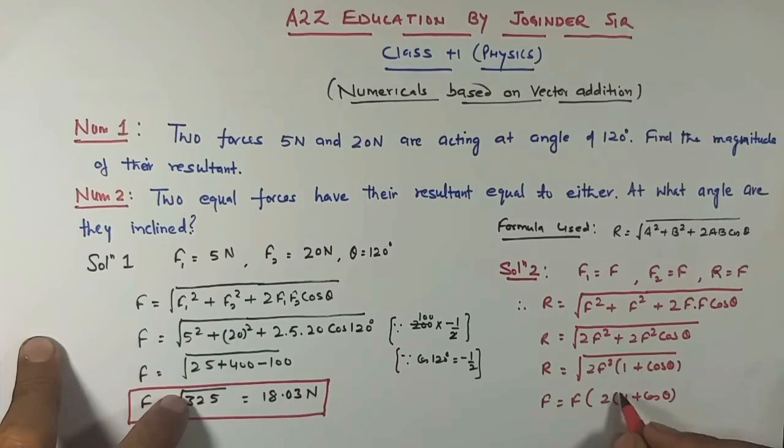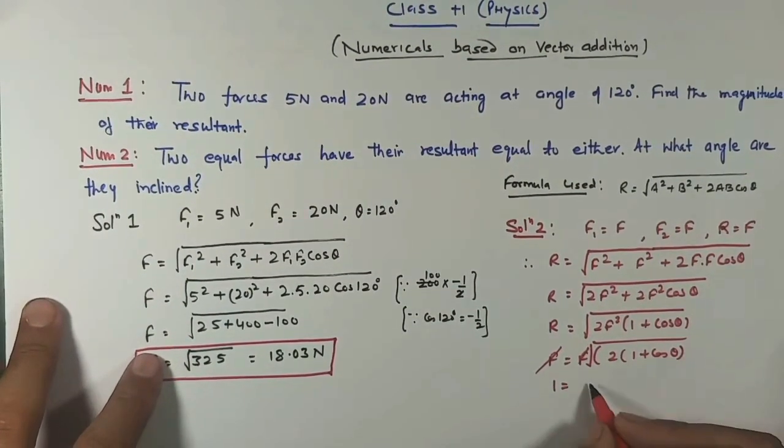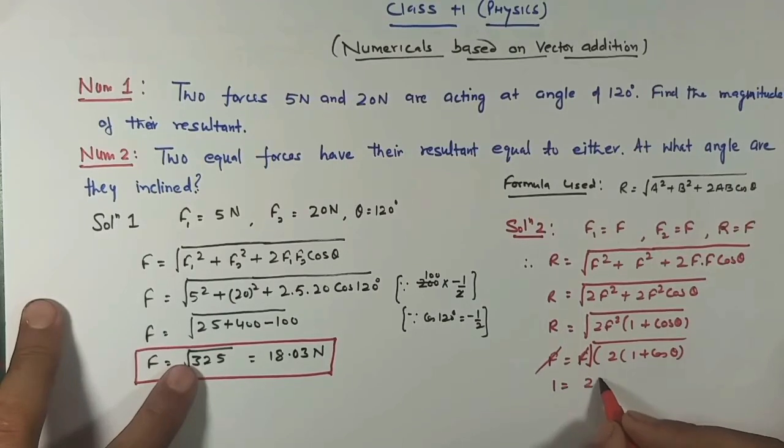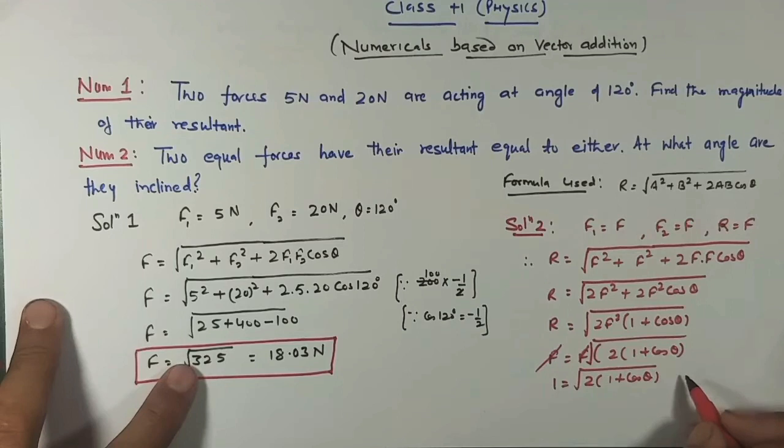So F and F cancel each other, and we have 1 equal to the root of 2 into 1 plus cos theta. Now squaring both sides.